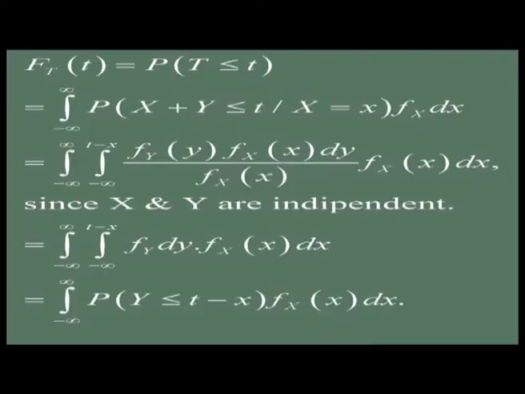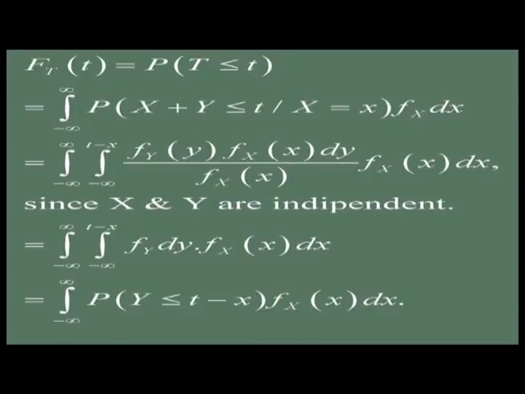Because X and Y are independent, the probability X plus Y less than t conditioned on X equal to x, I am able to break up into the integral from minus infinity to t minus x of f_Y(y) f_X(x) upon f_X(x) dy, and then into f_X(x) dx.